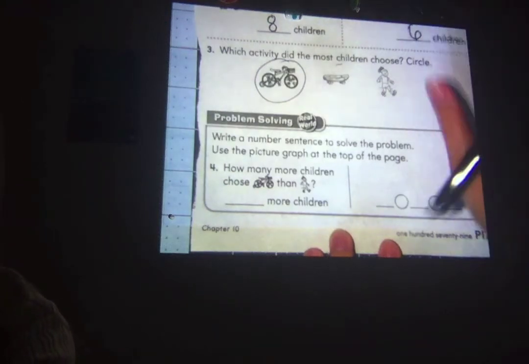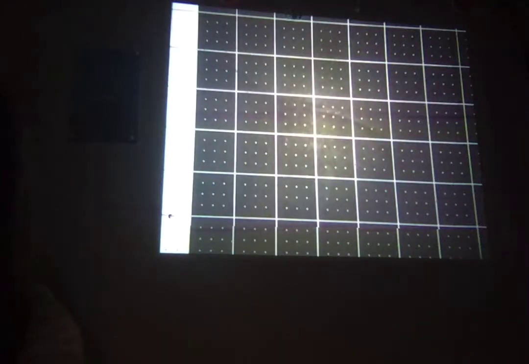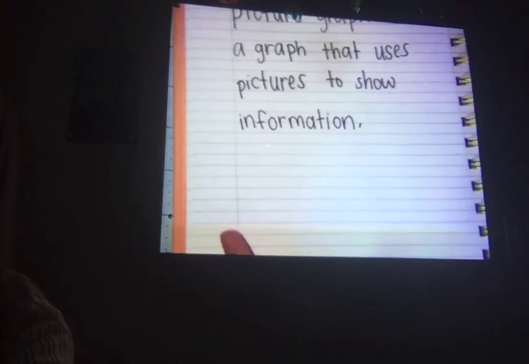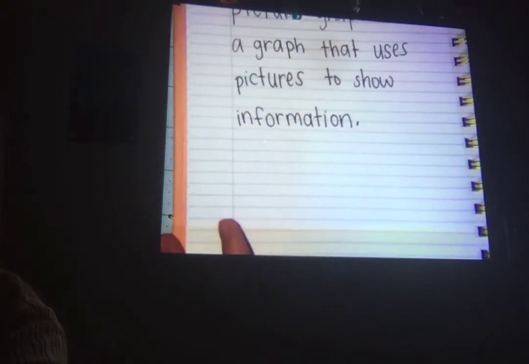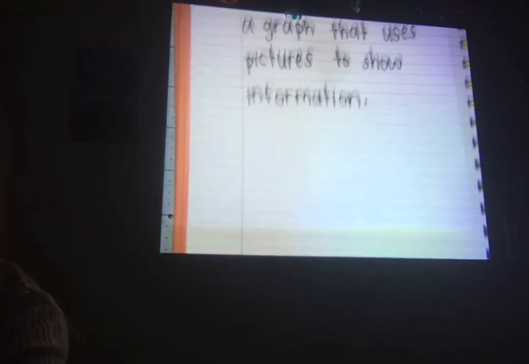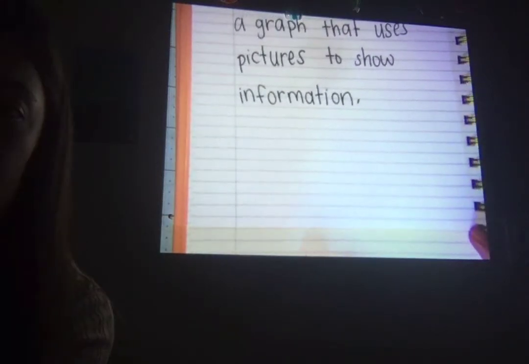Okay, so before I let you go, I'm going to have you draw in your IJ, so go ahead and get that back out. I'm going to have you draw in your IJs a picture graph so that we can remember what it looks like.